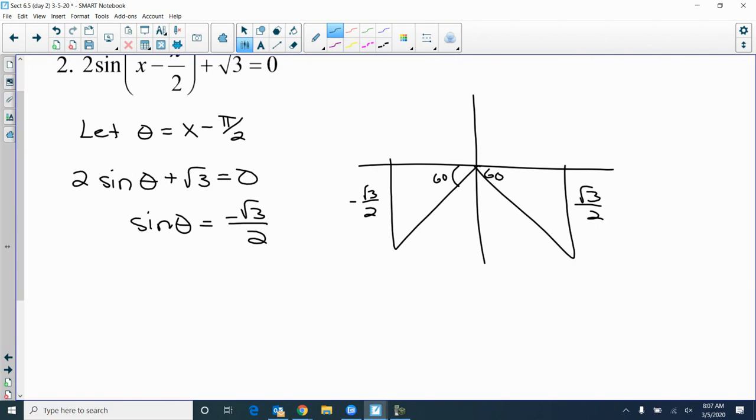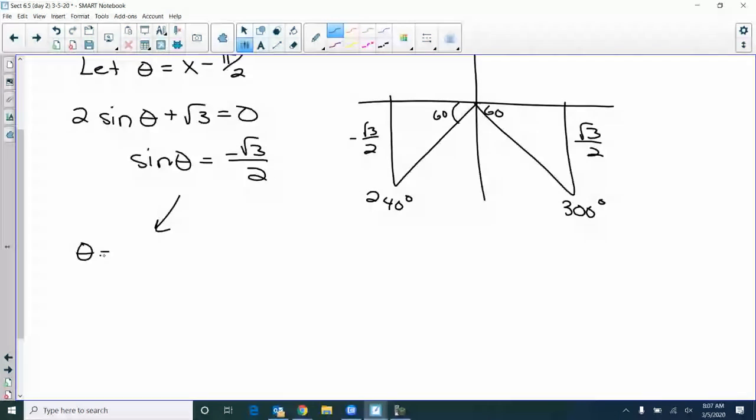So that means 180 plus 60 is 240. This is 300. But we are in radians. So I get theta equals 240, which is 4 pi over 3. And then I get theta equals 5 pi over 3.